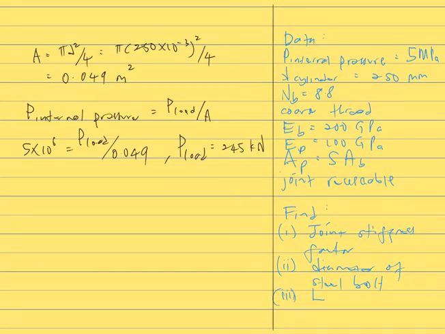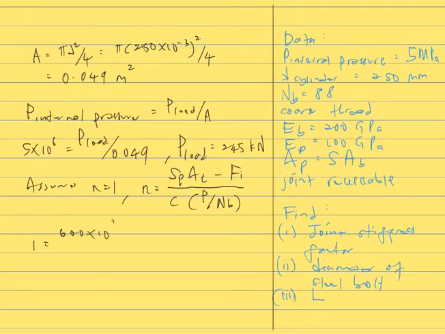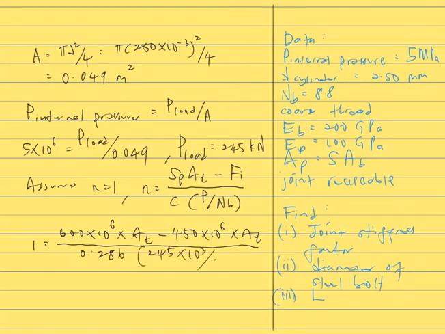Because the question does not mention factor of safety, we assume that factor of safety is equal to 1, and n is equal to Sp At minus Fi over C P over Nb. So with factor of safety equal to 1, it is 600 mega times At minus 450 mega times At, over C, which is 0.286, times 245 divided by 12.